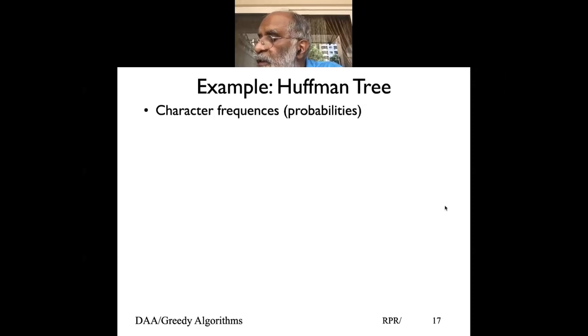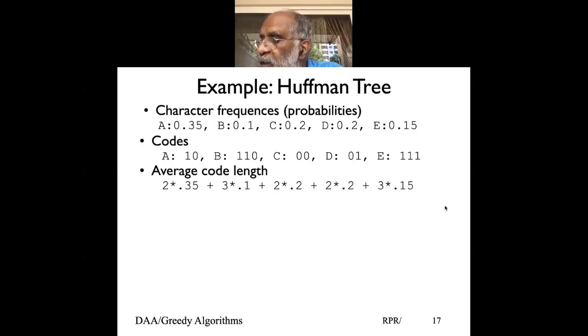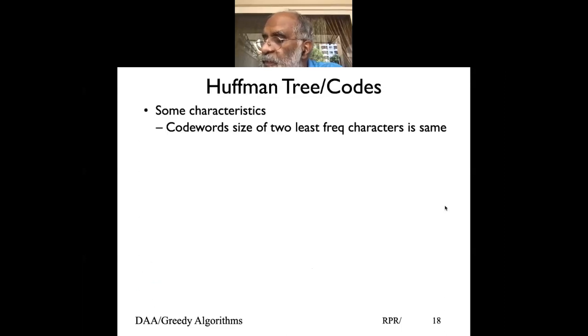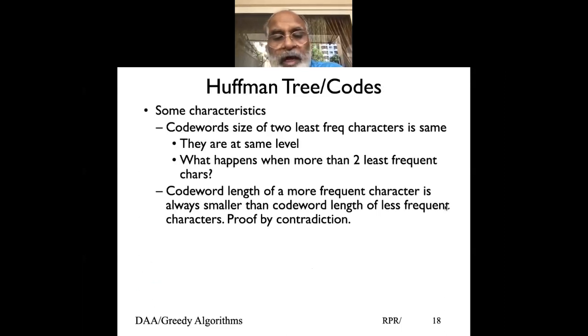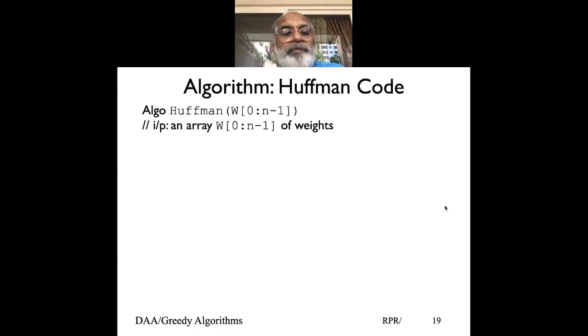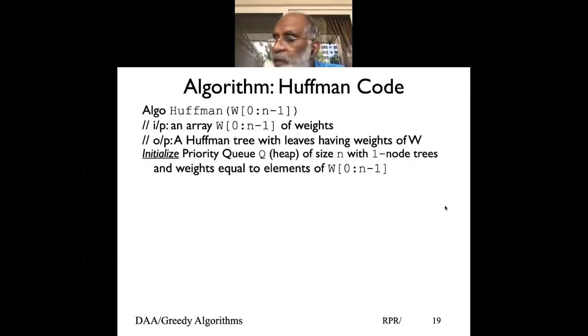But let's move ahead. Let's look at what my algorithm would be. So we already looked at the characters. So let's look at my algorithm. The algorithm is very simple. Start with each node as a tree.